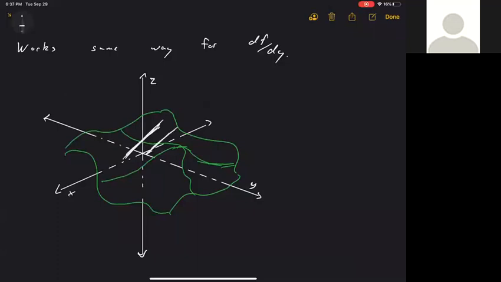So maybe my tangent lines look like this, and then as I come this way, they start curving down, something like that. And all of these are in planes that are parallel to the x-axis.